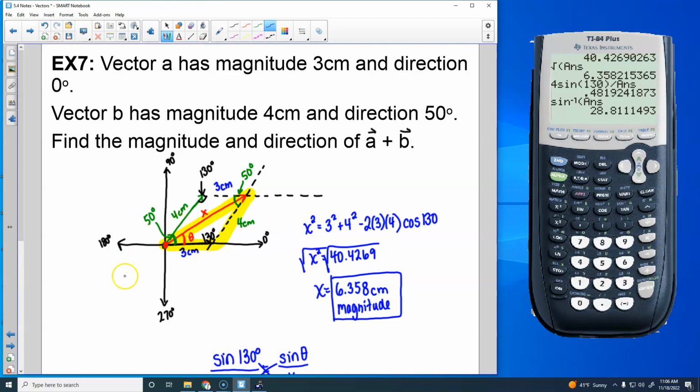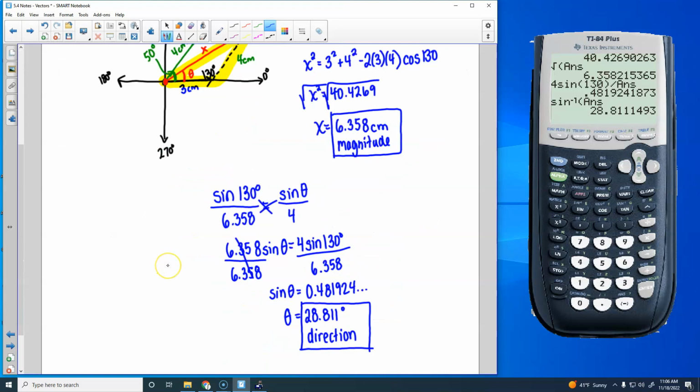If it was way over here in this quadrant, you wouldn't say 20 degrees south of west. You would just have an angle, bigger than 180, that would end up over here. So if the problem does not say north, south, east, or west, do not put north, south, east, or west with your answer.